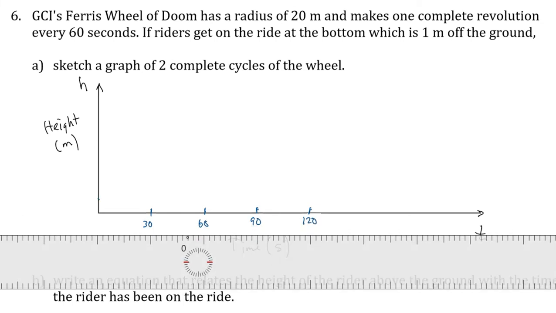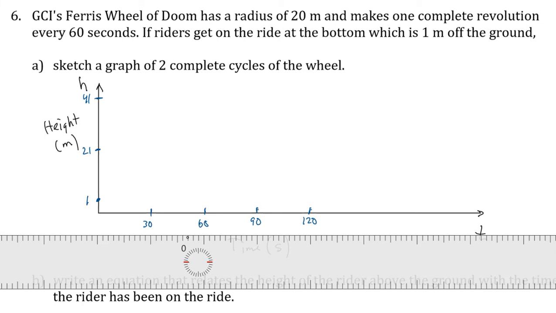So we're starting at the bottom. The bottom is 1 meter. It has a radius of 20. What does that tell us? It's 40 meters tall. It's 40 all the way to the top, but that's starting at 1, so the top will be 41. And it can be helpful to put the middle there as well, just for reference. So it's going to be 21.